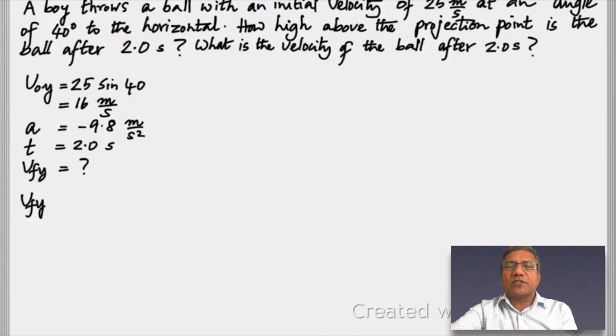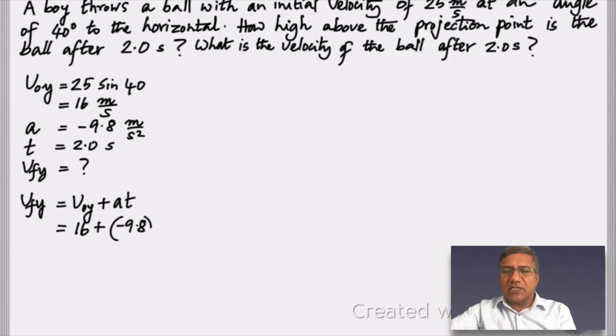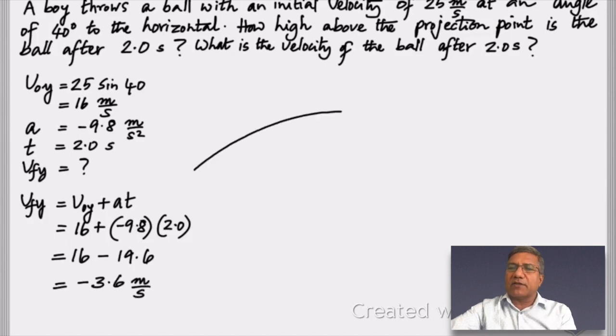When you look at these quantities, you see that the equation to be used should have all of them, and it's Vfy is V naught y plus at. So V naught y is 16, a is negative 9.8, t is 2. When you make those calculations, you get 16 minus 19.6, which is negative 3.6 meter per second.